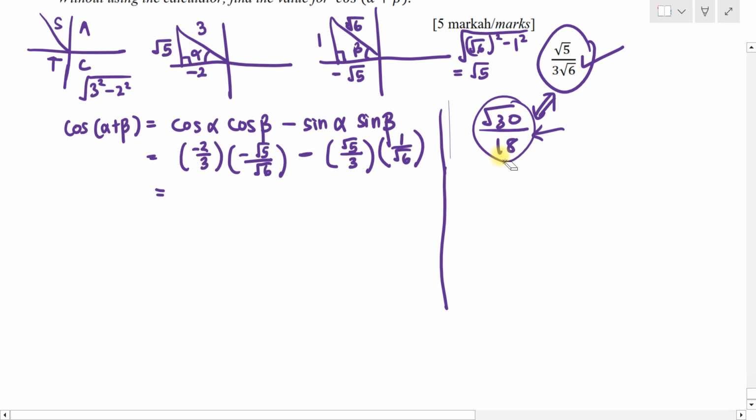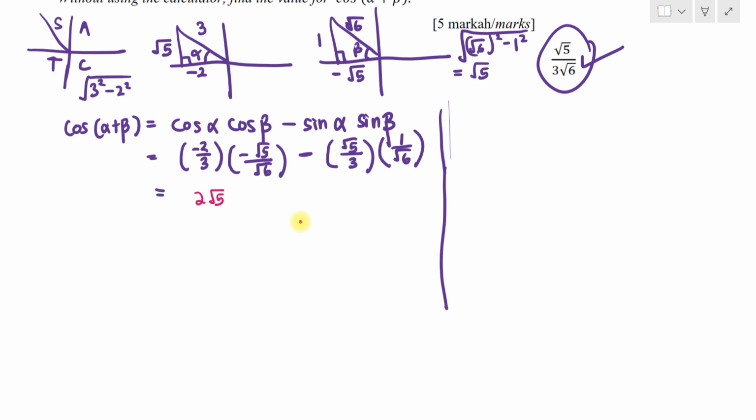Okay, so we try to simplify. Negative negative positive, 2 square root 5 over 3 square root 6. 2 times square root 5 on top, 3 times square root 6 on the bottom, minus square root 5 over 3 square root 6.